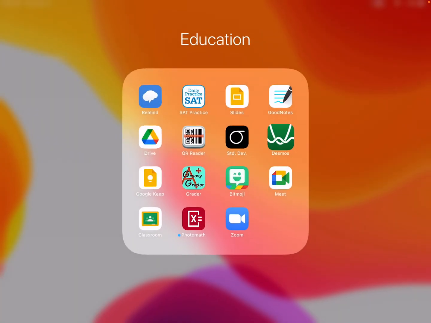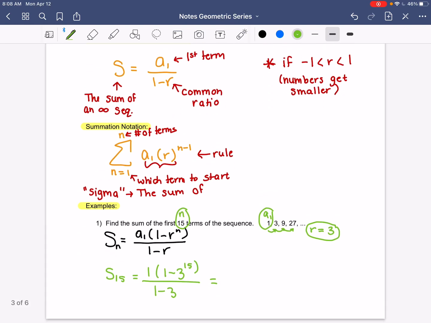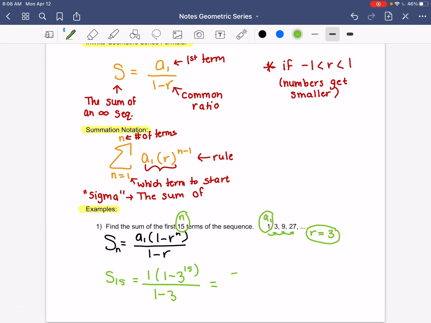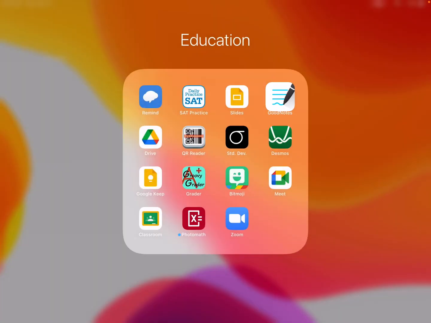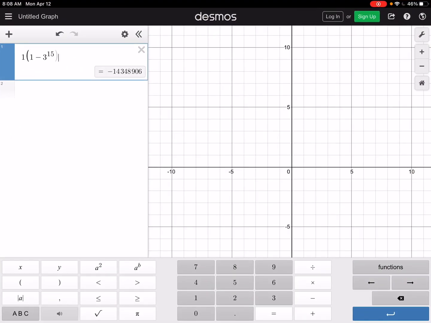I wrote it down on paper so I could come back to it. So on top was negative 14,348,906, and on the bottom 1 minus 3 is just negative 2. So we're going to divide that answer by negative 2. There we go.